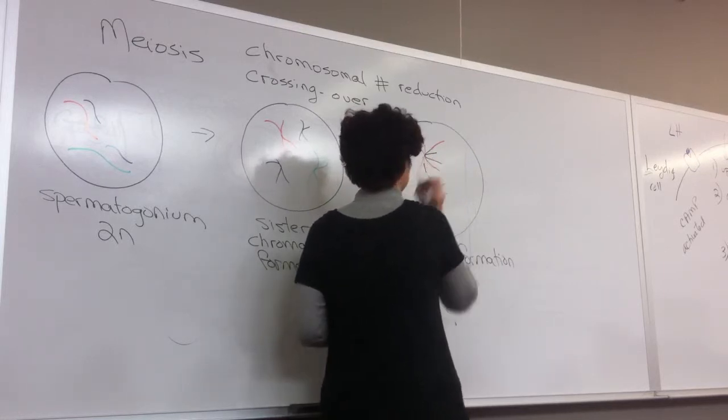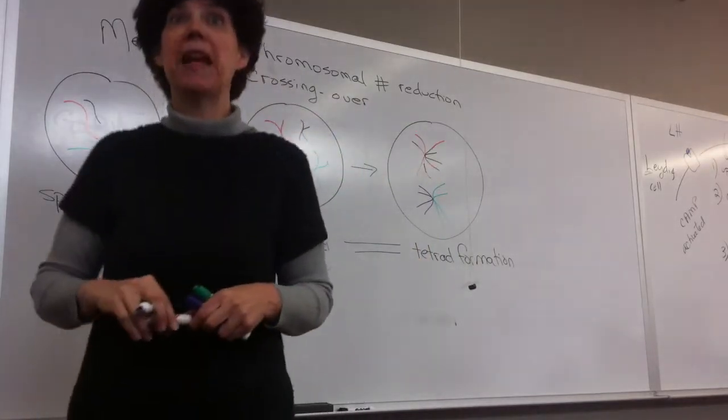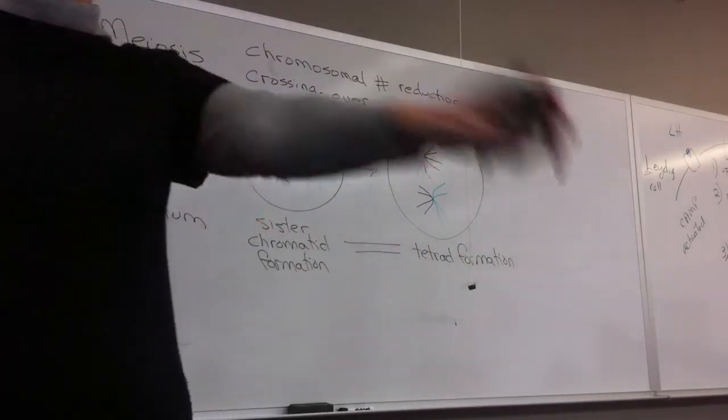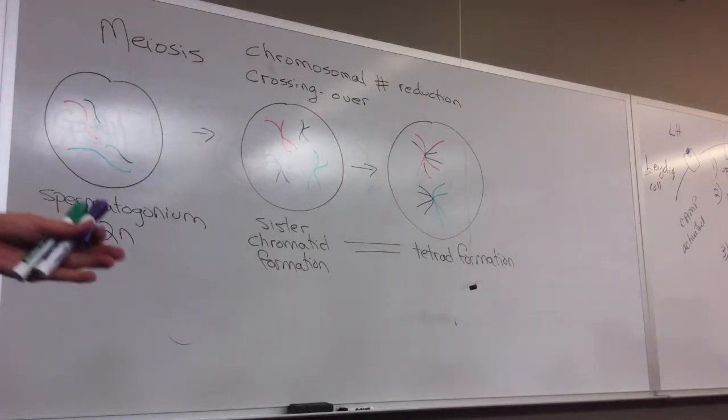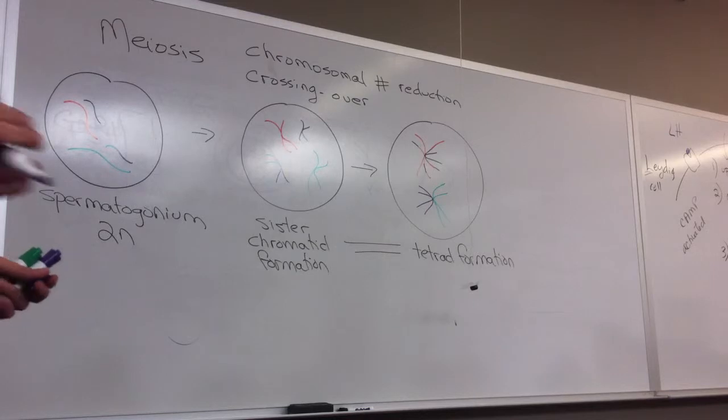This is random, completely random. They kind of lie over each other, and sequences of nucleotides are cut, and the pieces of the chromosome are exchanged.